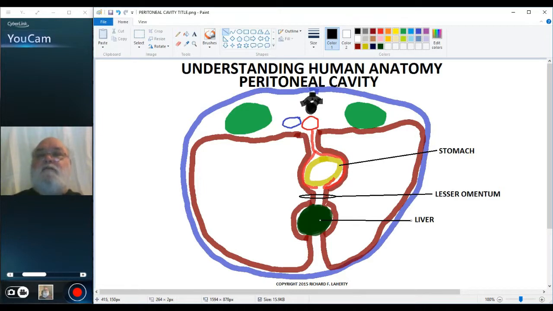The other part of the ventral mesentery then becomes named the falciform ligament.